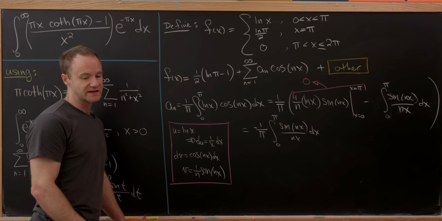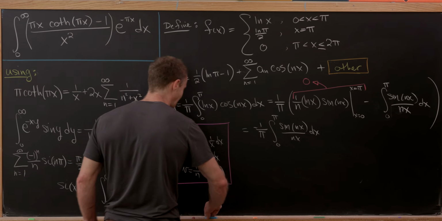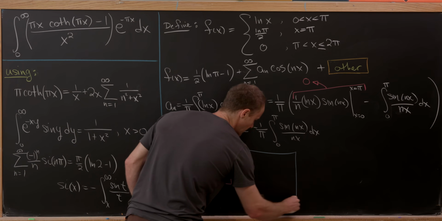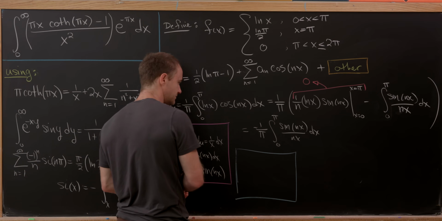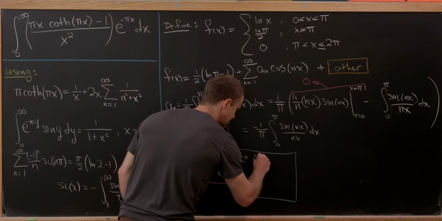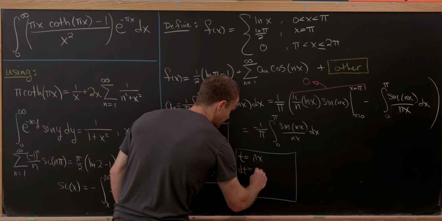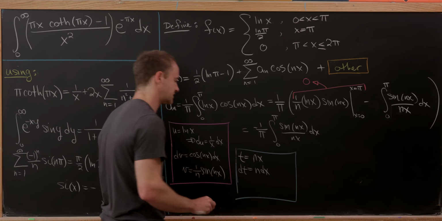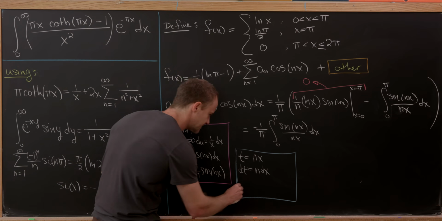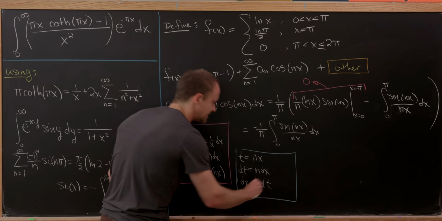So that motivates us to perhaps do a change of variables on this object, and that's exactly what we'll do now. Okay, so let's take t and set it equal to n times x. Notice that means that dt is equal to n dx. In other words, dx is equal to 1 over n dt.